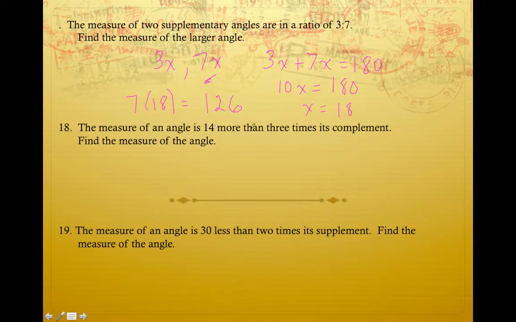The measure of an angle is 14 more than 3 times its complement. We'll say y is 14 more than 3 times x, and we know that y and x are complementary.